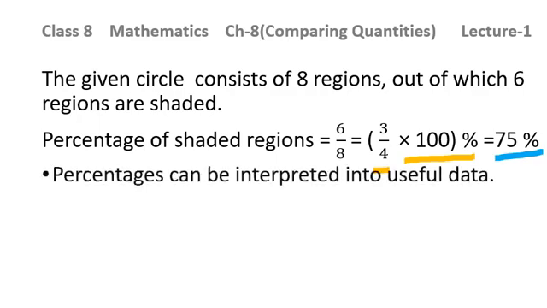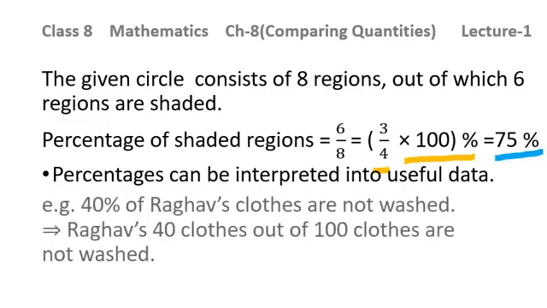So percentages can be interpreted into useful data. How can we interpret the percentage into useful data? Let us see. These are examples from our daily life. For example, 40% of Raghav's clothes are not washed. If a person is saying that 40% of Raghav's clothes are not washed, what does it mean?